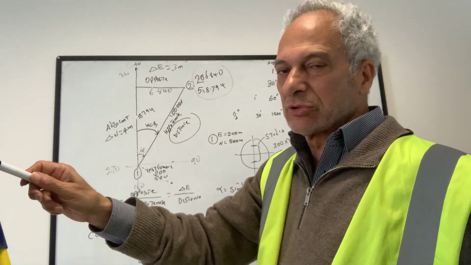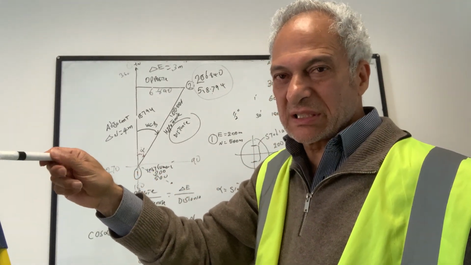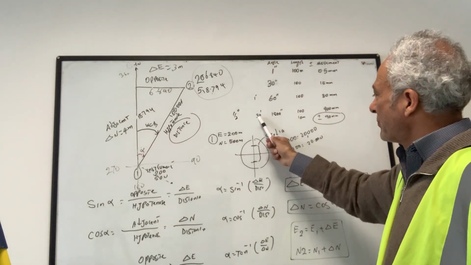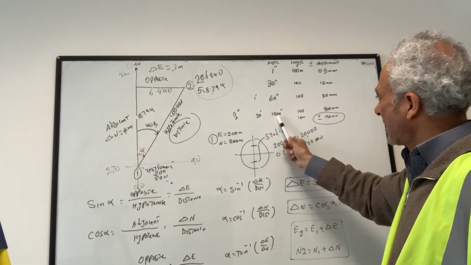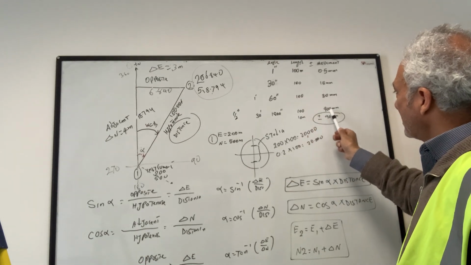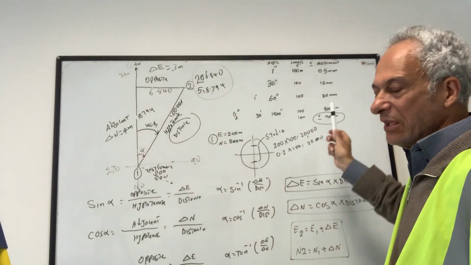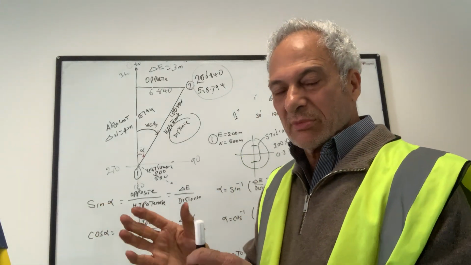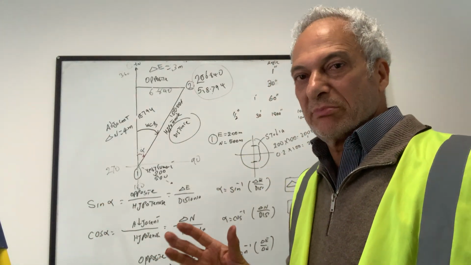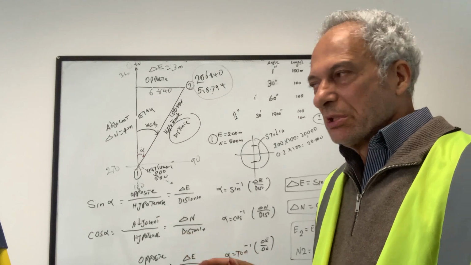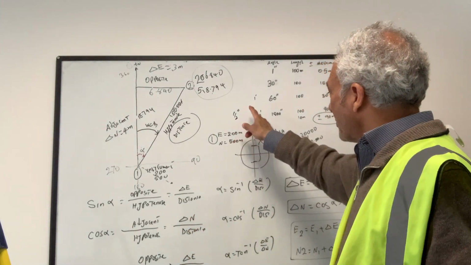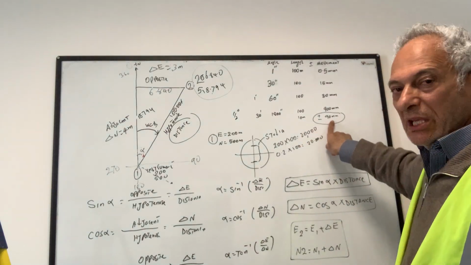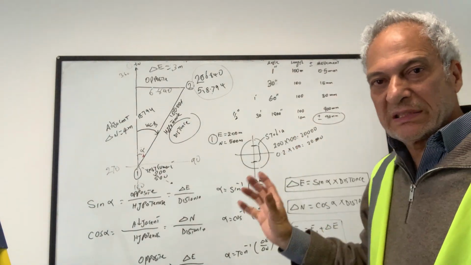Now with the automatic level, I can only read to the nearest half a degree. Half a degree, 30 minutes, would be 1,800 seconds. In 100 meters, that would be 900 millimeters. So that means the accuracy as I read through this is only plus or minus a meter, 900 mil to a meter. Now that's too much, but that's over 100 meters. If the distance was 10 meters away from me, that would only be plus or minus 90 mil.